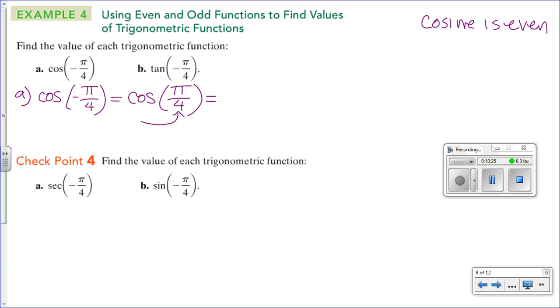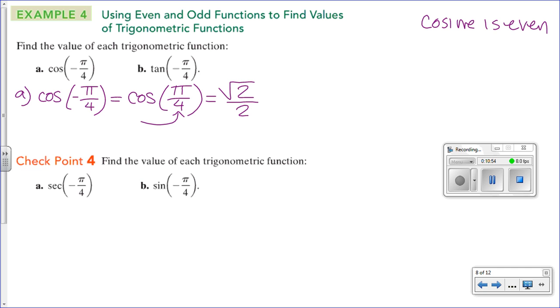I'm asking about that fraction, that ratio. So more specifically, that x coordinate that you have on your unit circle at pi over 4. It should be somewhere in the first quadrant. Yes, square root of 2 over 2. So we know that's the value for cosine pi over 4, but it's also the value for cosine of negative pi over 4. All right?